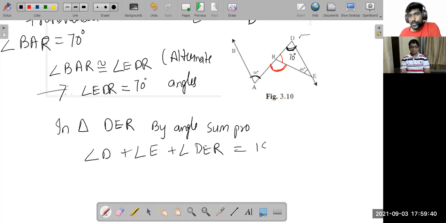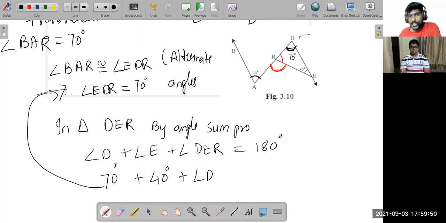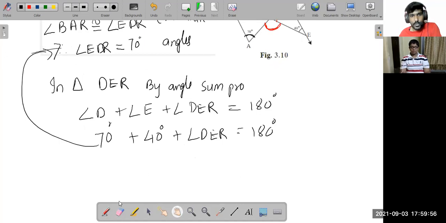The sum equals 180 degrees. So 70 plus 40 is 110 degrees, plus DER is equal to 180 degrees.